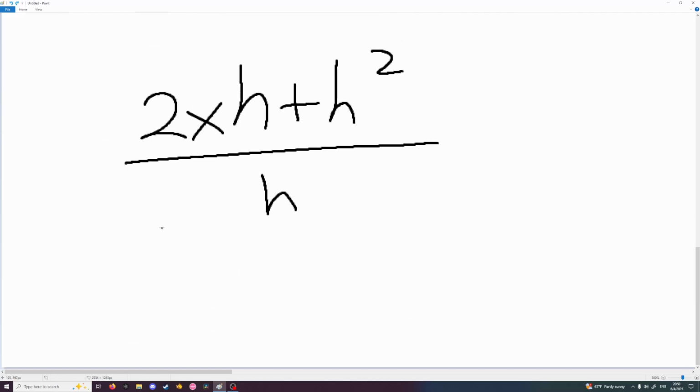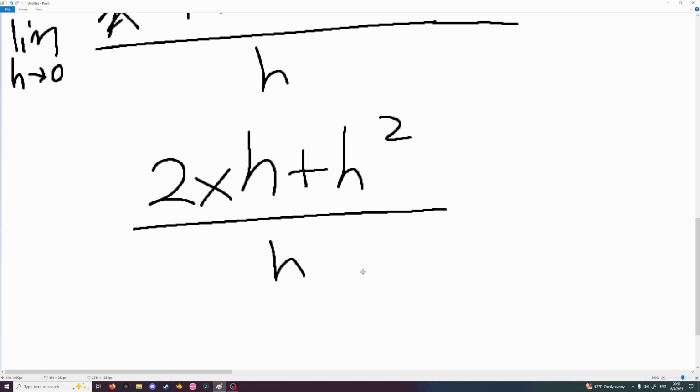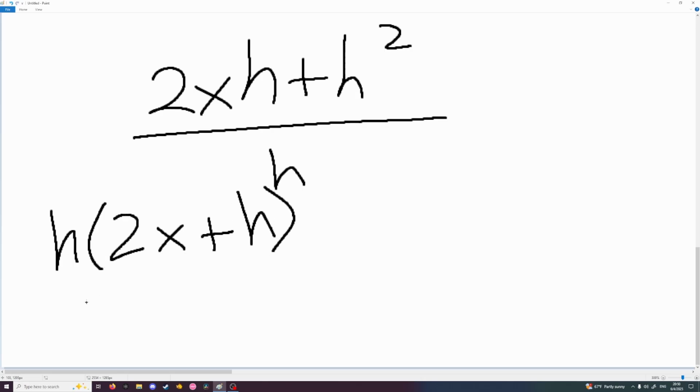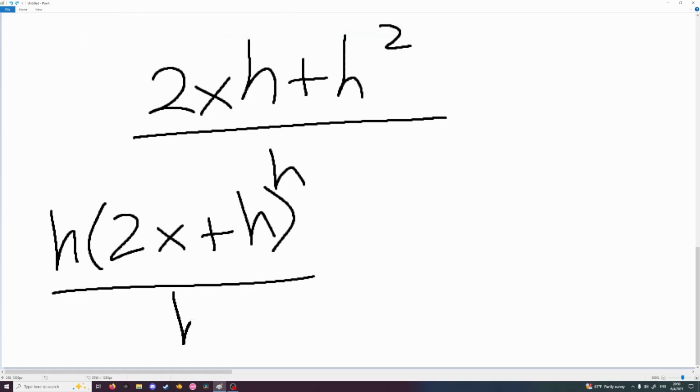Let's do exactly that. I'm actually gonna move this up a little bit, so it's a little less out of the way. And we're gonna just factor out h. So we got h times 2x plus h inside, and then we have the h at the bottom.